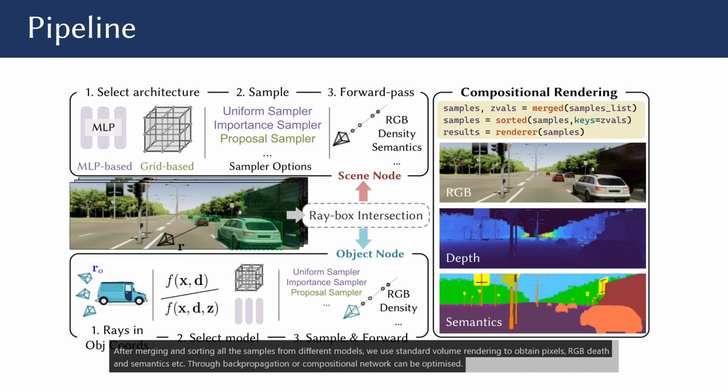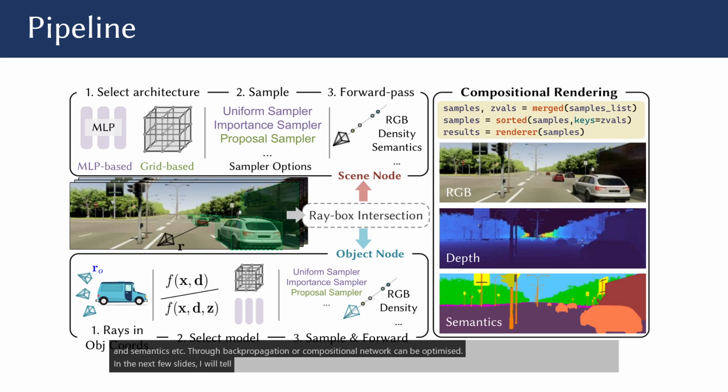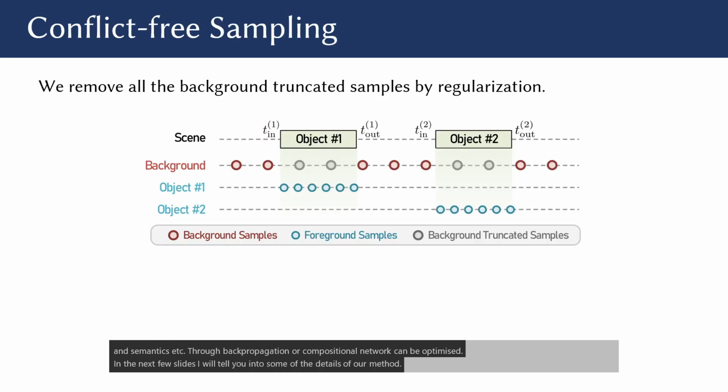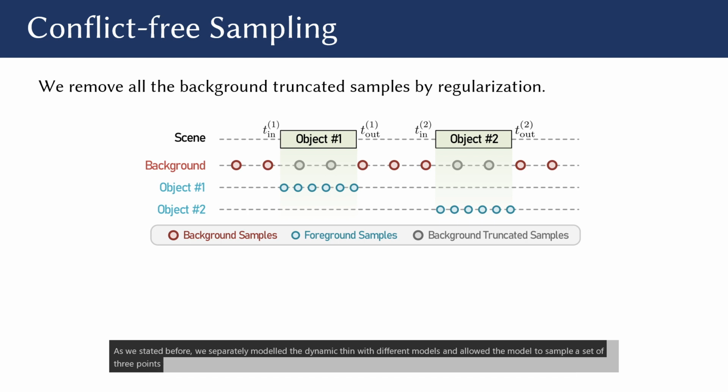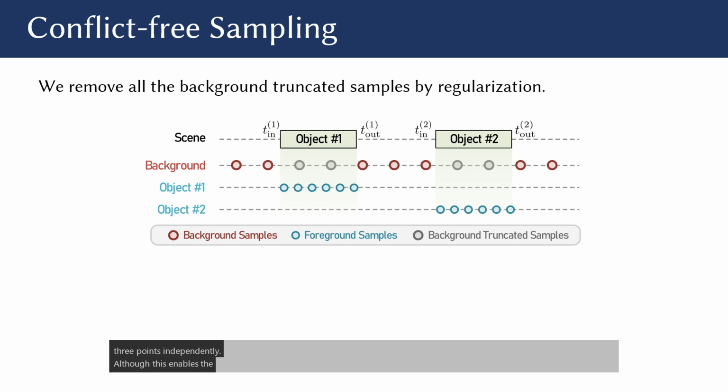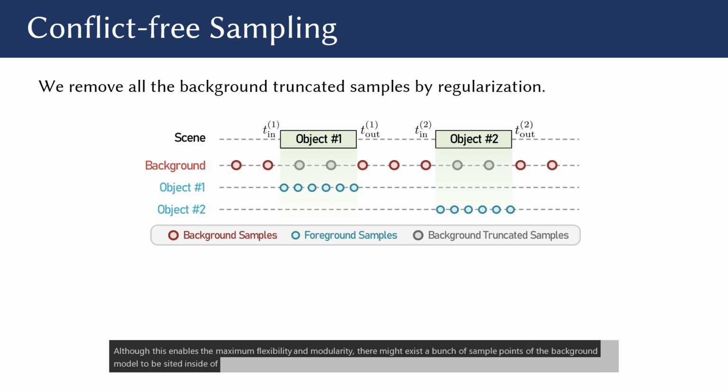In the next few slides, I will delve into some of the details of our method. As we stated before, we separately model the dynamic things with different models and allow each model to sample a set of 3D points independently. Although this enables maximum flexibility and modularity, there might exist a bunch of sample points of the background model that lie inside the object bounding boxes.